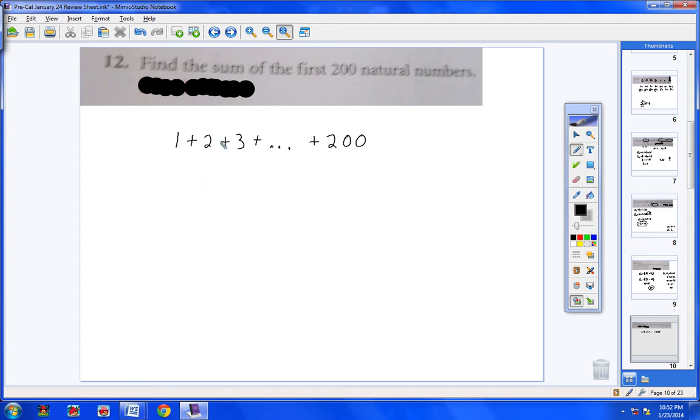So I know that I have an arithmetic sequence, so I'm going to say the sum of 200 terms equals... I guess I should write the formula over here. The formula is S subscript n equals n over 2, and then first term plus the last term. Alright, so 200 over 2, because I have 200 terms, times my first term is 1, and my last term would be 200.